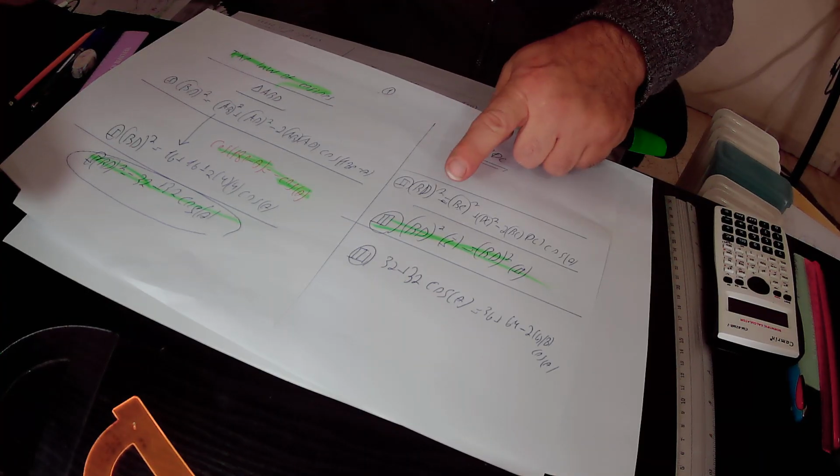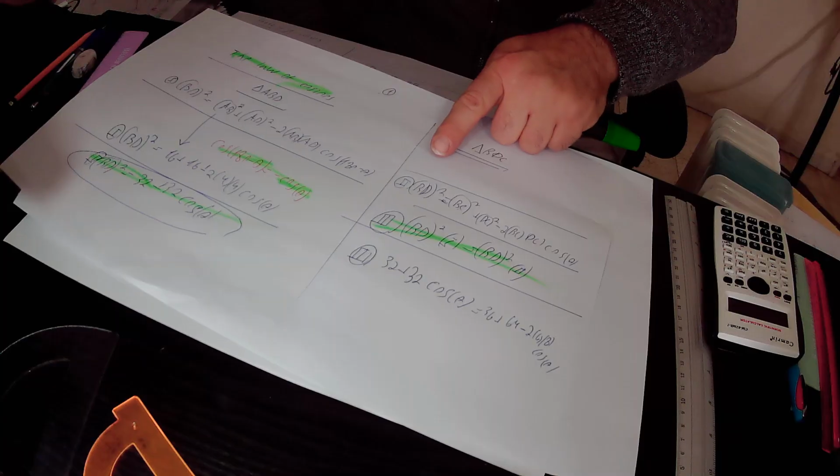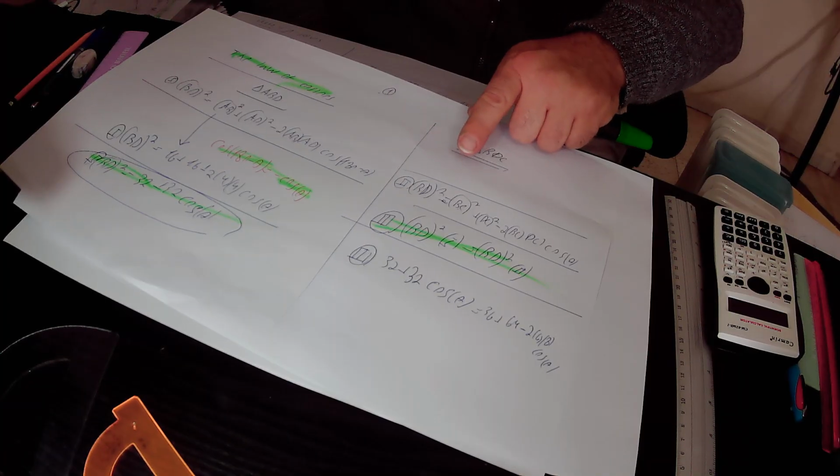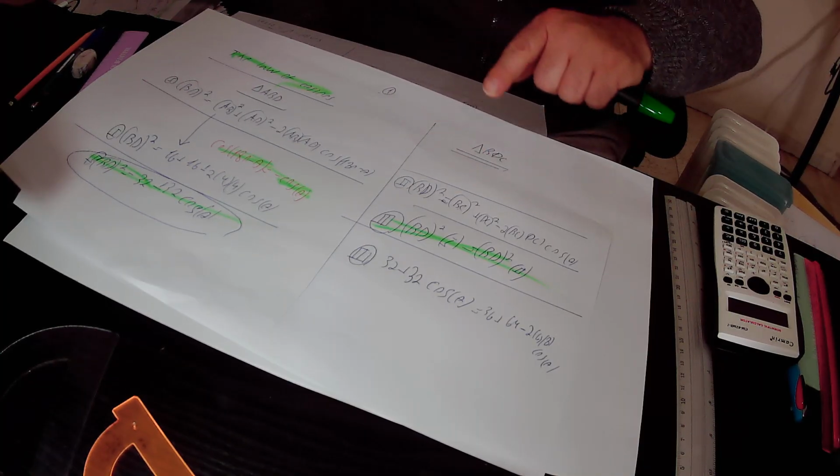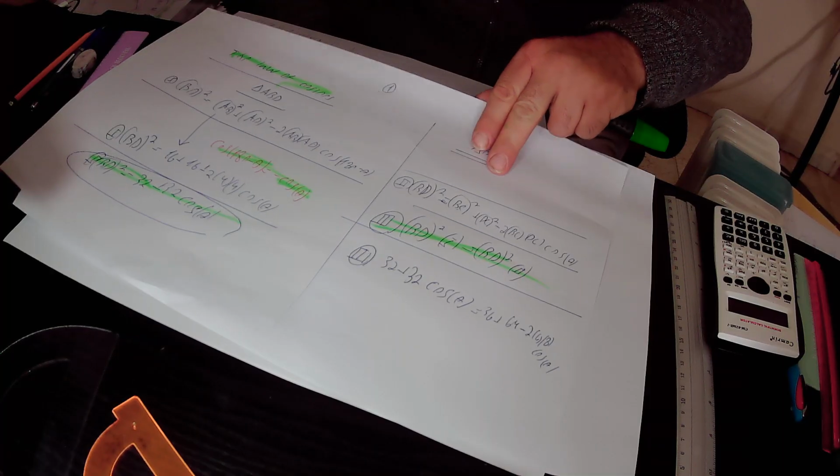So this is equation 2, according to which BD squared equals BC squared.